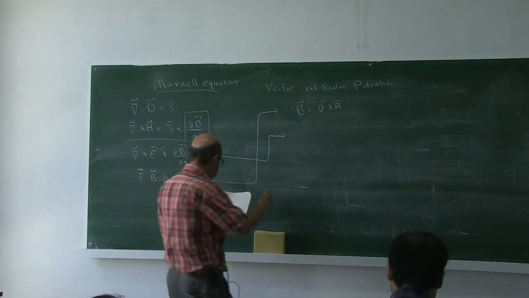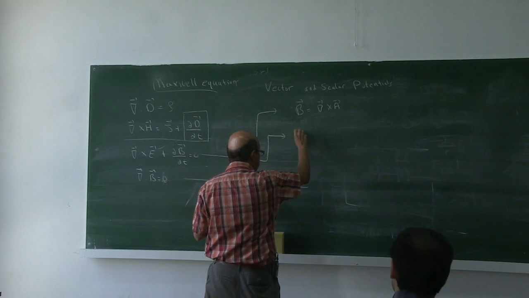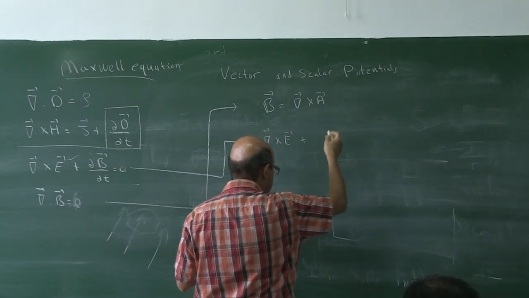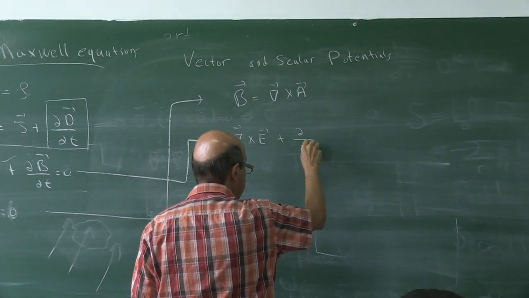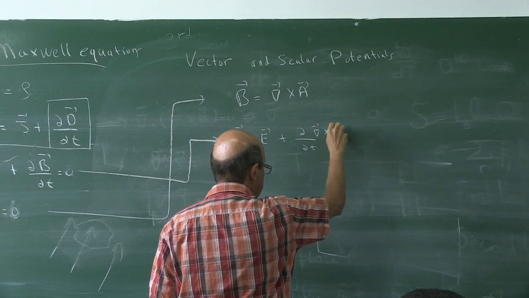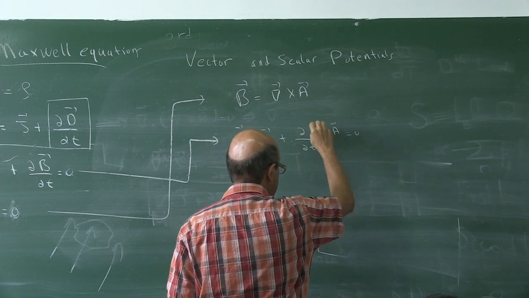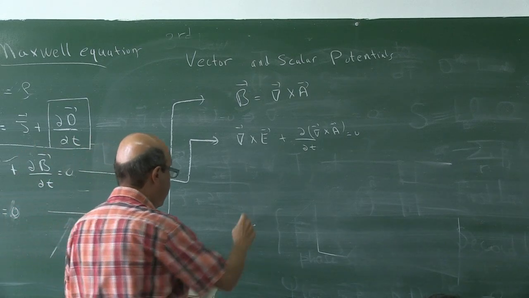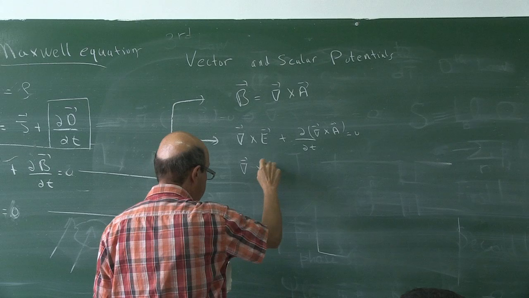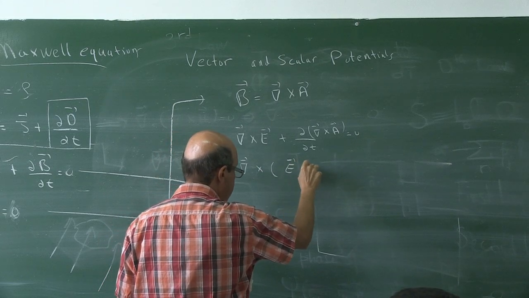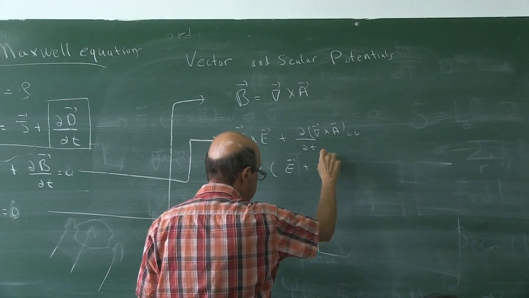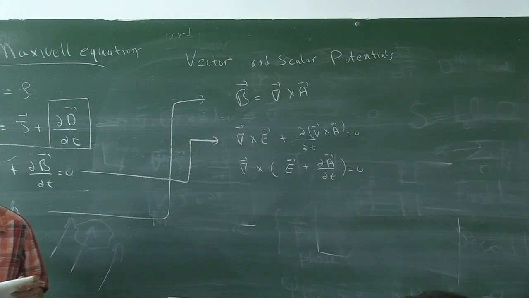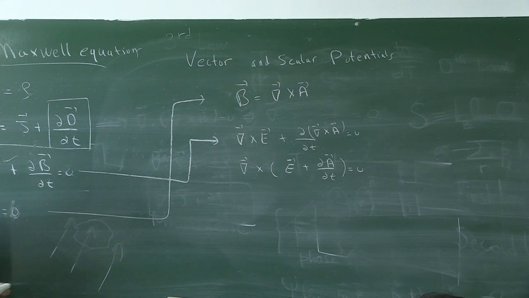We defined that, and insert it into Faraday's equation. What you are going to obtain is curl of E plus del over del t of curl of A is equal to 0. So put everything in the curl parentheses: curl of (E plus del A over del t) is equal to 0. How can you satisfy this condition?